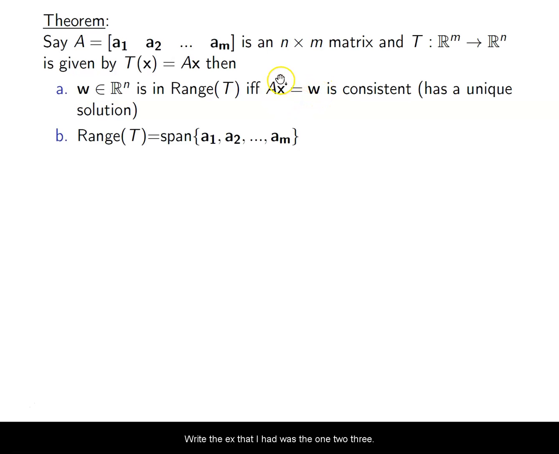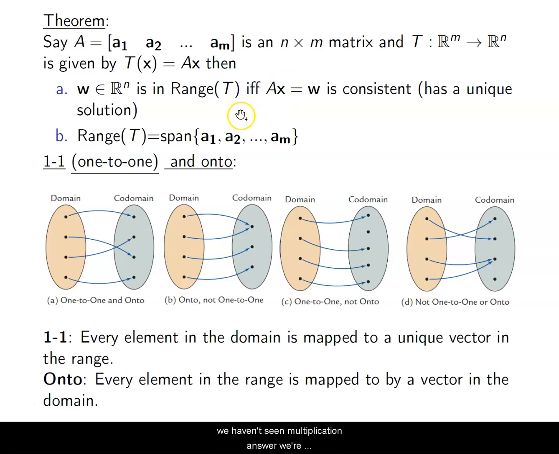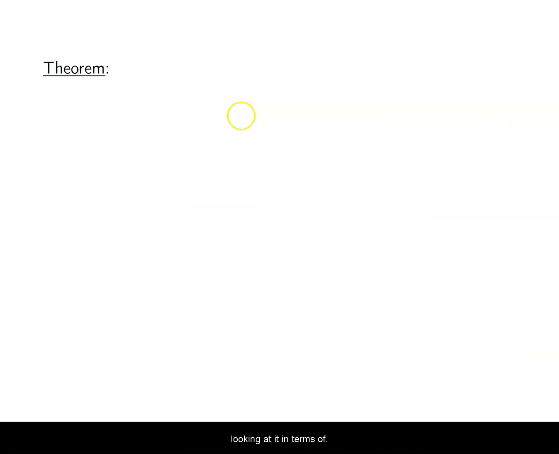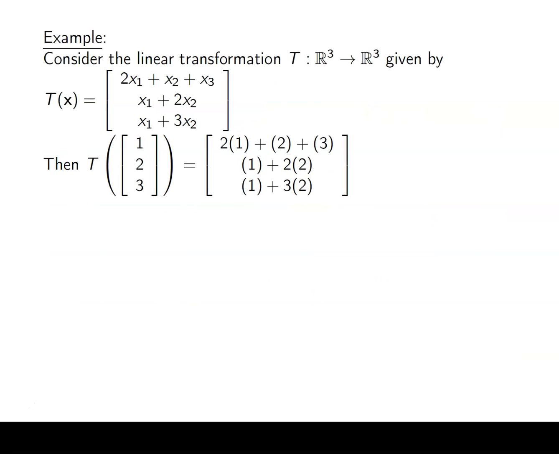The X that I had was the 1, 2, 3. And the A matrix, I haven't written out specifically, but we will see that in a second. So what I basically did was some matrix multiplication, but we haven't seen multiplication yet, so we're looking at it in terms of plugging things in where they have to go, function-wise, right? So we'll see in the next section matrix multiplication and exactly what that is, okay?